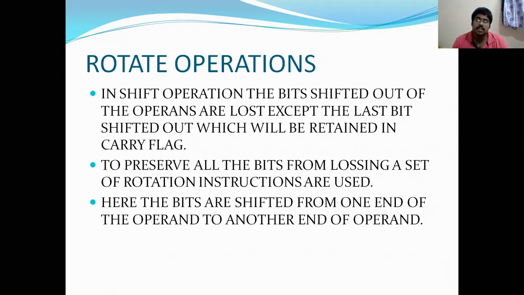Whenever you are performing shift left operations, we are missing the bits from the MSB side. That means the original information bits are being missed and they are replaced by zeros or ones, depending upon the type of the instruction we have used. If it is a logical instruction, they are replaced with zeros. If it is an arithmetic instruction, those are replaced with the value that is present in the sign bit, either zeros or ones.